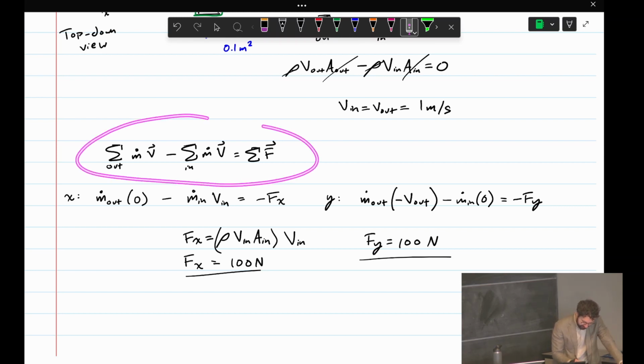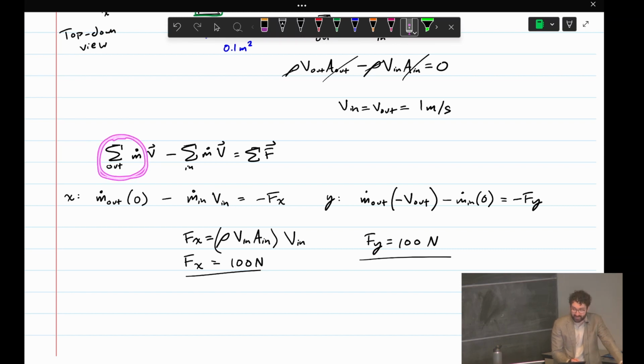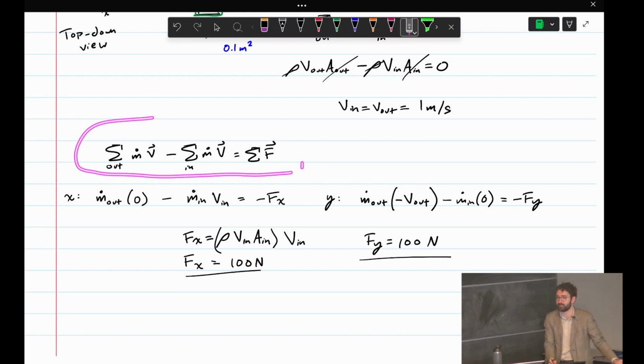If you just take m dot in and out, that has the sign of the n for outflow baked into it. Same thing for this here. So that has the sign baked in. So we just have to consider the mass flow rate. We don't have to consider v dot n when we use this simple equation. Good question. Any other questions?